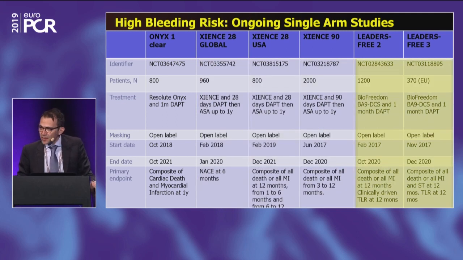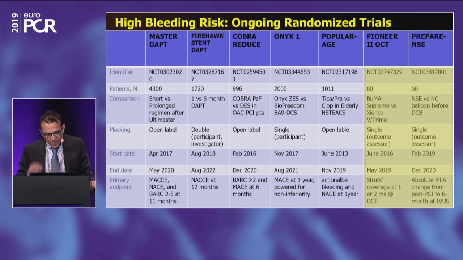Leaders Free 2 was presented last year at TCT, not yet published. Leaders Free 3 is still running. The goal here is to assess the safety of 1 month DAPT following Biofreedom, Biolimus A9 drug-coated stent implantation.